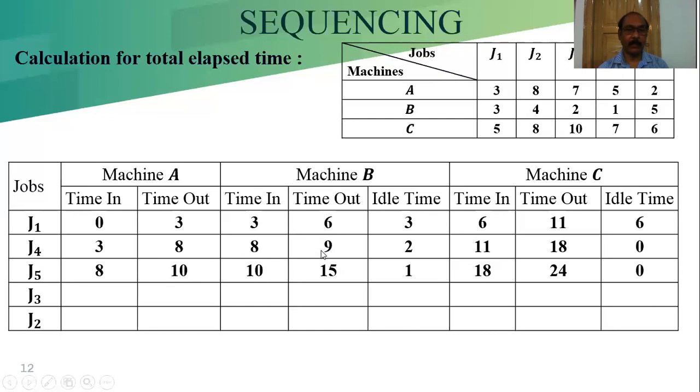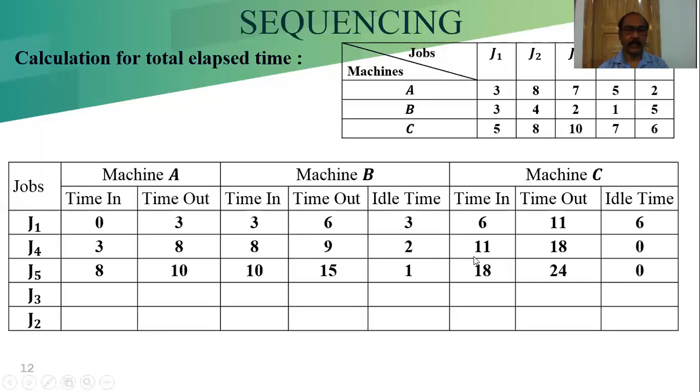So that difference, 10 minus 9, means machine B is idle 1 hour. And the time duration for job 5 in machine B is 5. So 10 plus 5 is 15 hours. So the timeout for job 5 in machine B is 15 hours.